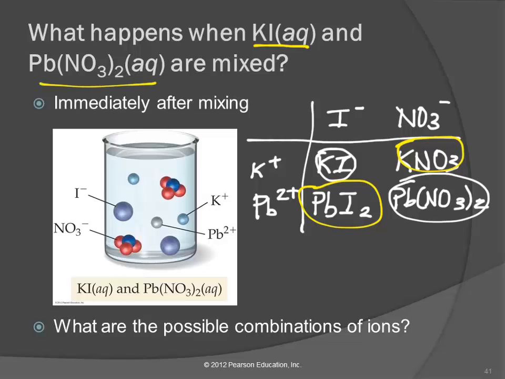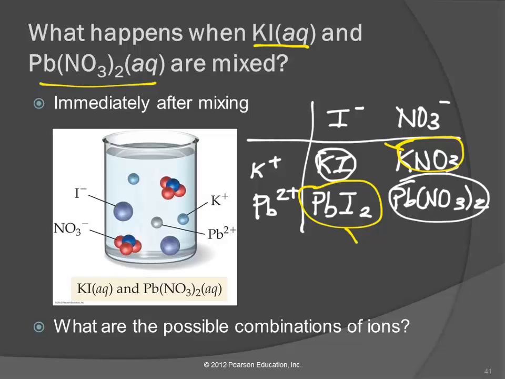So that's what we started with, those dissolved in water. If we mix them together and a solid forms, we're trying to figure out, what's the solid? It can't be one of the things we started with because we've already seen that those were soluble. So it has to be a different combination, either this one or this one. We could look these up in the table and see which one is insoluble, or maybe they're both insoluble, that's possible.